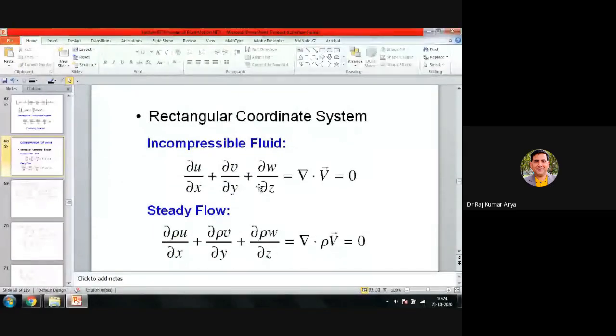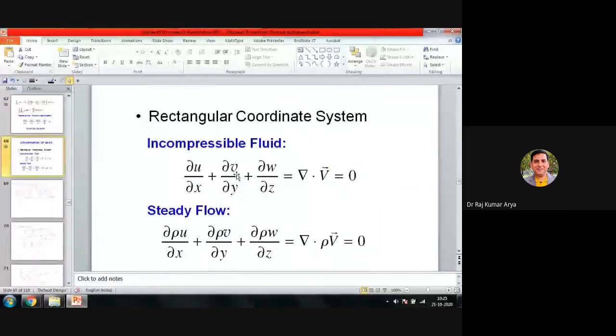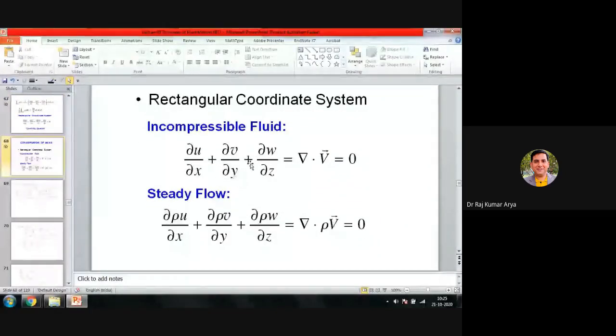This is what we have now, yes or no? This is what we have derived already, right? Continuity equation for incompressible fluid. Yes, sir.